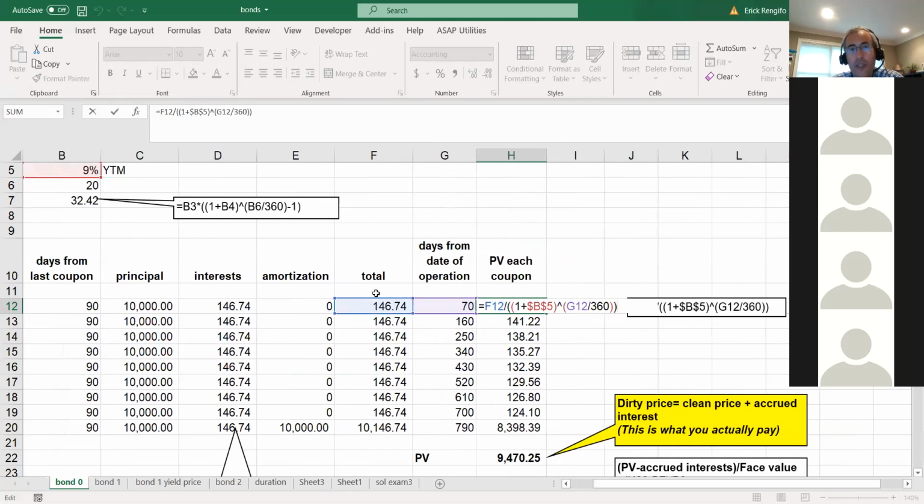So it is the coupon divided by 1 plus yield, this 0.9 here, divided by 70 divided by 360. Like we did in the paper, by hand. Yeah, it's exactly the same. Got it.